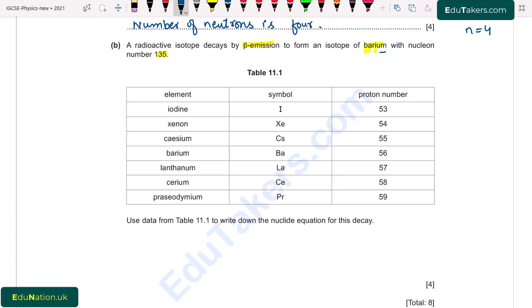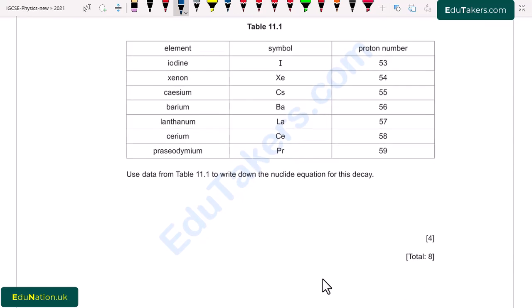So I write here the beta particle, 0 and minus 1, plus the second product is barium, and barium here is given that its atomic number or proton number is 56. When we write the symbol of any element, it is written in such a way that at the bottom we write the number of protons, that is equal to the atomic number.